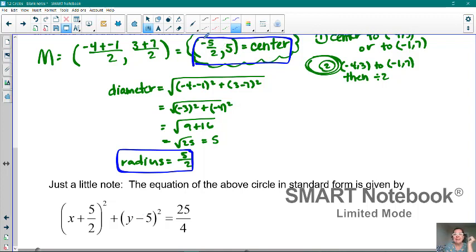So when we see -5/2, that translates to +5/2. When we see a +5, that translates to -5. And the radius was 5/2. It's related to this quantity. Notice that this is the radius having been squared. So be on the lookout for those connections in future videos.